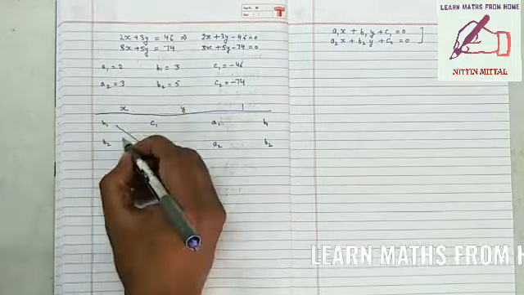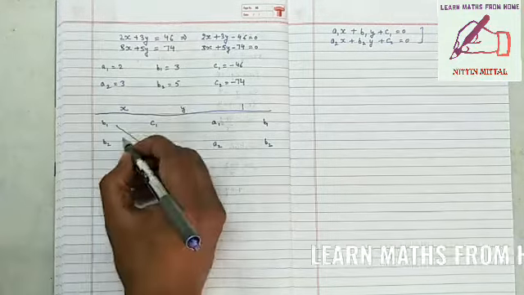And then second step, you have to draw this diagram in which you write x, y, 1, and underneath you write b1, b2, c1, c2, a1, a2, b1, b2 like this, and put the crosses. Because of these crosses only, this method is known as the cross multiplication method.